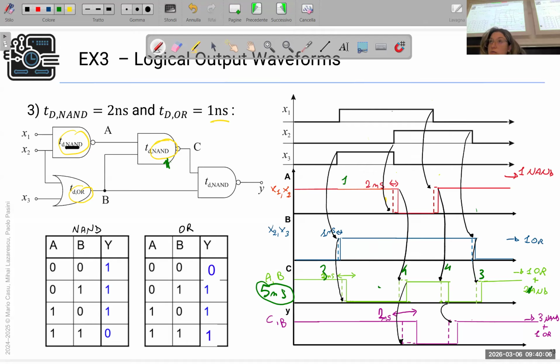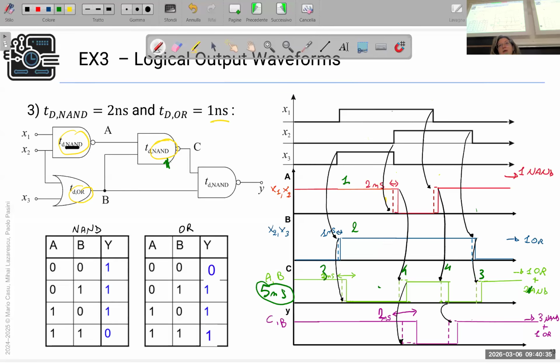If A is 1, shouldn't we consider that the second delay is higher than just that one? Okay, I understand.